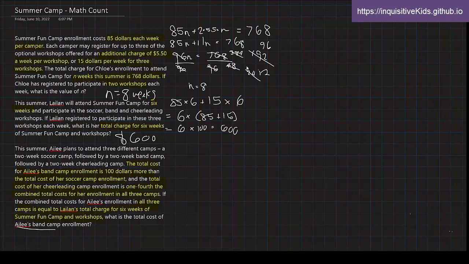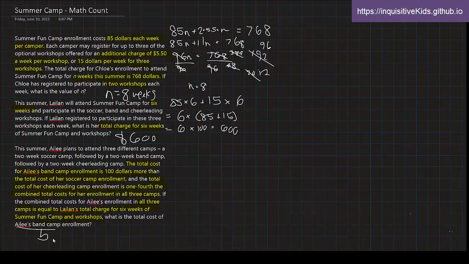We just don't know how many total camps she went to, how many total weeks she spent there. So her band camp enrollment, let that be equal to B, right?